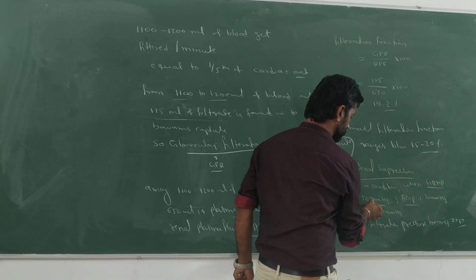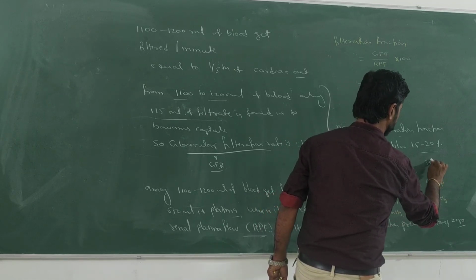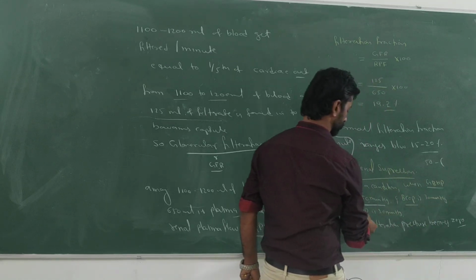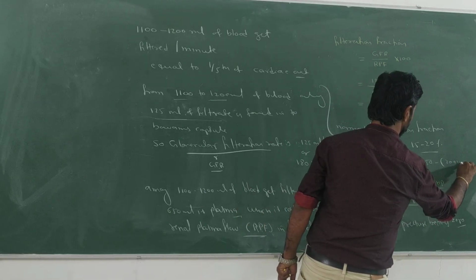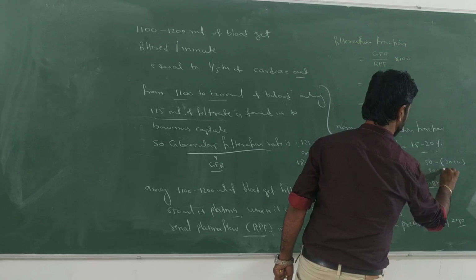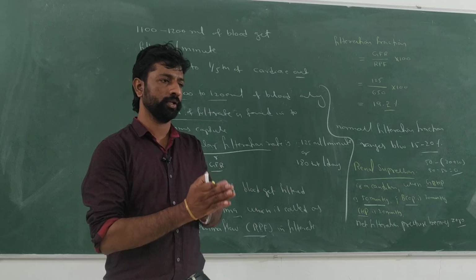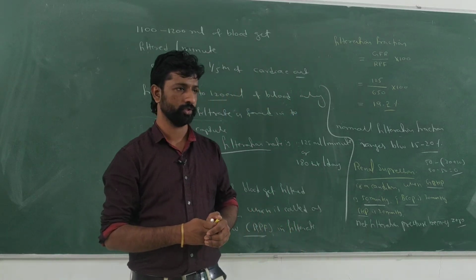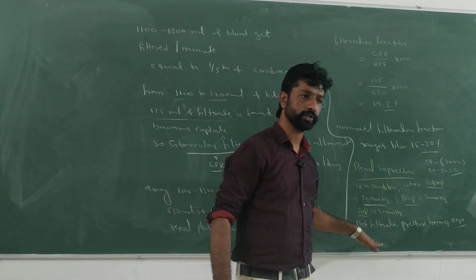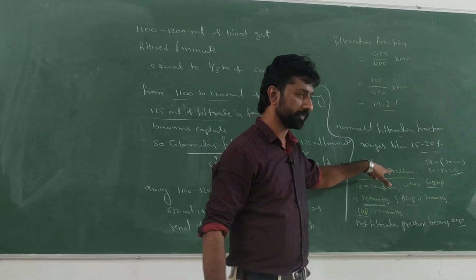So 50 is the glomerular blood hydrostatic pressure, minus BCOP, which is 30, and CHP, which is 20. So 50 minus 50 becomes 0. This means there is no driving force for filtration to occur in the glomerulus, so no glomerular filtration takes place. Such a condition is called renal suppression.